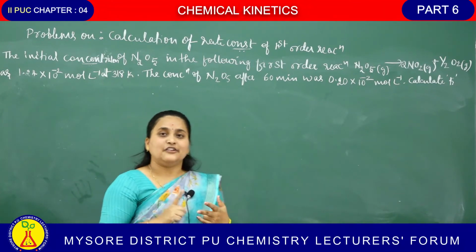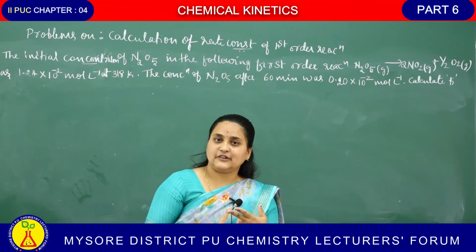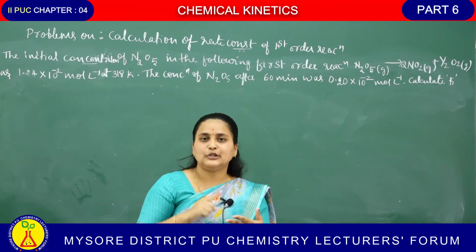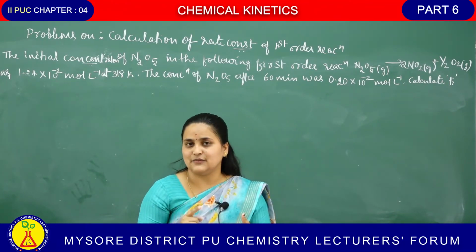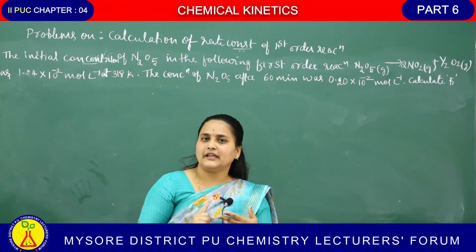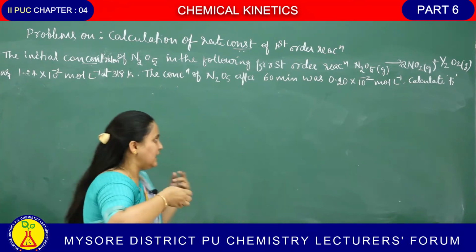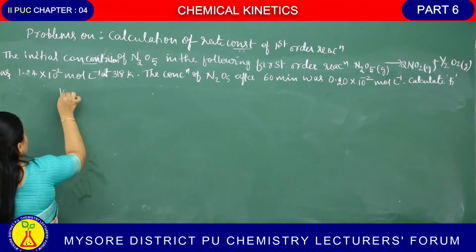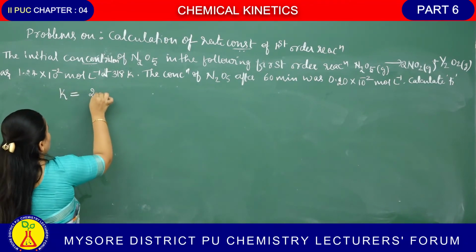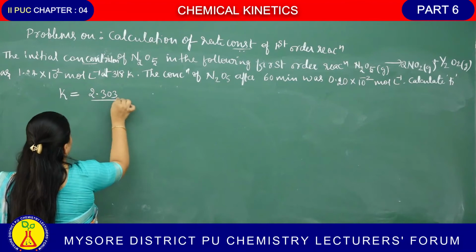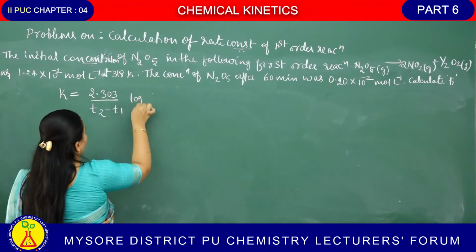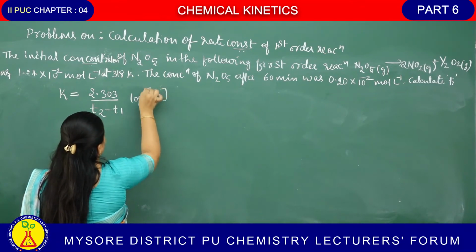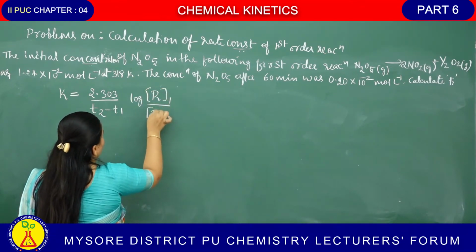Initial and final concentration R1 and R2 are given. Therefore, different forms of integrated rate equation, I have told you there for first order: 2.303 divided by T2 minus T1 log R1 divided by R2 is the formula. Okay, take that formula. K is equal to 2.303 divided by T2 minus T1 log R1 divided by R2.